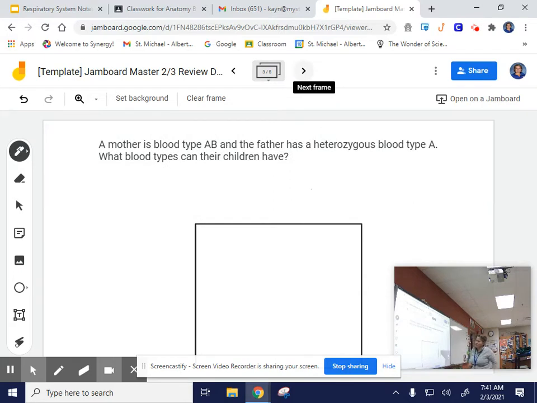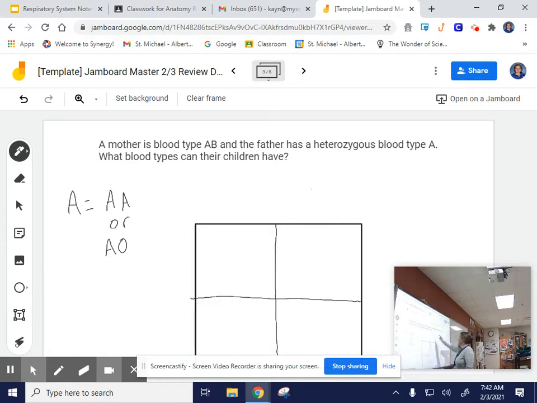The next one is on blood types. So a mother is blood type AB, and the father is heterozygous for blood type A. So remember with blood types, if you have the A phenotype, you could be AA or AO. So if you are AO, you are heterozygous.